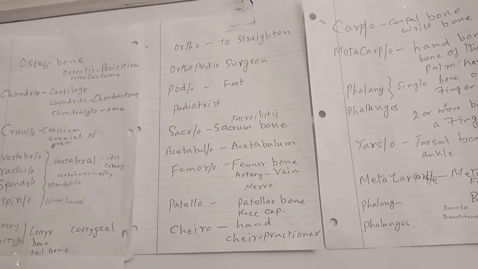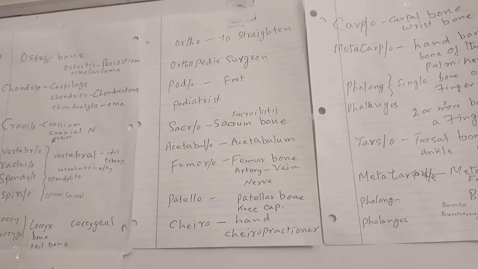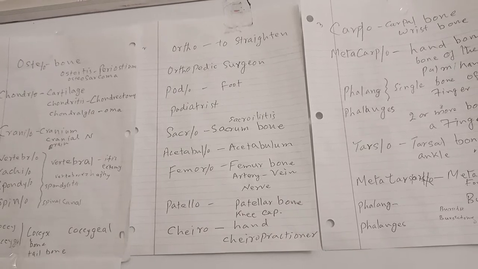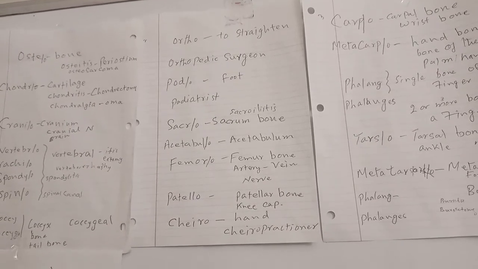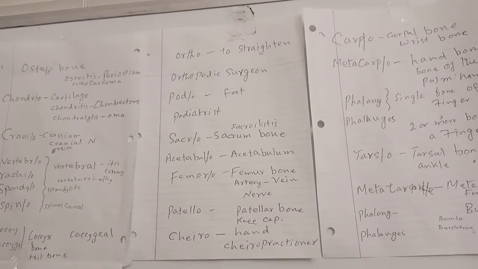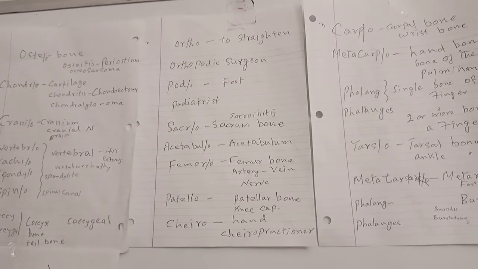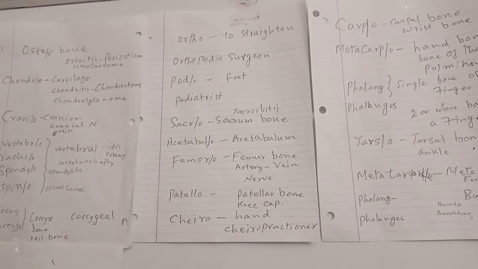Next word is acetabulum. Acetabulum is the word root for acetabulum. Acetabulum is a cup-shaped structure which is present on each side of the hip bone, one on the right side and one on the left side.